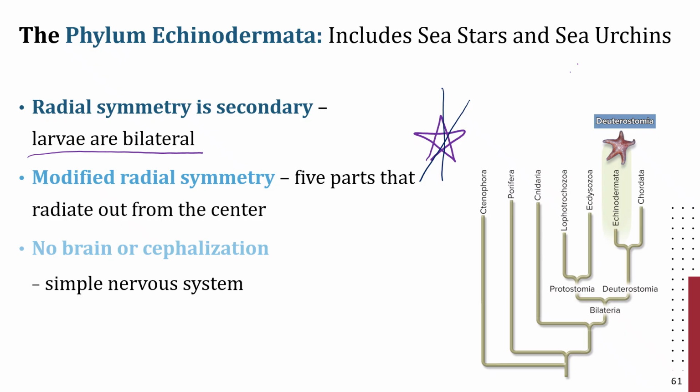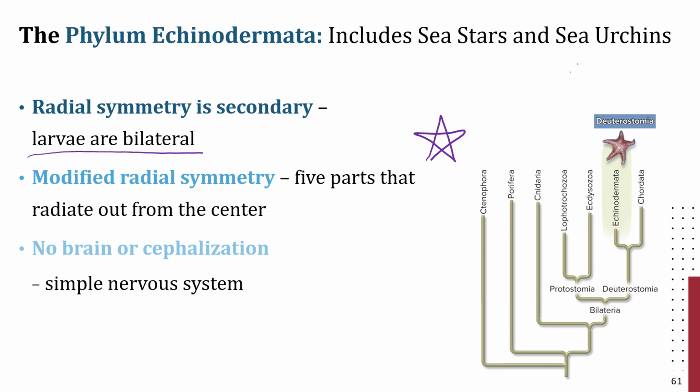So it's not a true radial symmetry. It's not really a true bilateral either because there are multiple planes that we can cut and make different bilateral planes throughout the organism. So it's kind of a weird structure, but we still consider it bilateral because of the larvae.